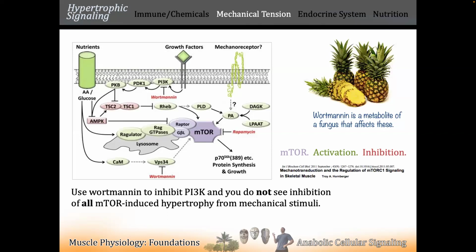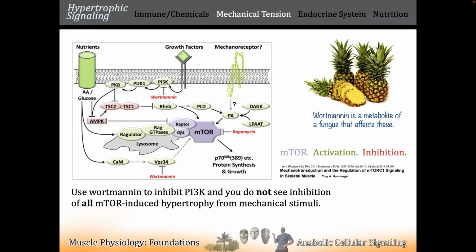I mean, just a massive reduction in mTOR activity. But diacylglycerol kinase, DGK, doesn't go through PI3K. And you see that on the far right. And so most signals for hypertrophy are abolished in the presence of Wortmannin, but you can still sneak some signaling through using mechanical loading.